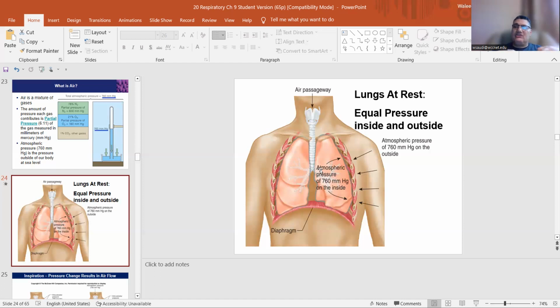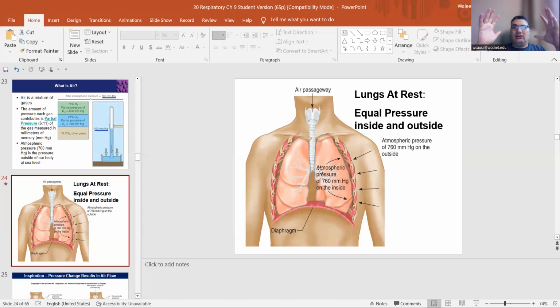The opposite of that is when you breathe out: the diaphragm relaxes, so it goes back up. The intercostal muscles relax, so the chest becomes smaller. And when the chest becomes smaller, the pressure inside increases. When it is higher than the atmospheric pressure, air moves out.